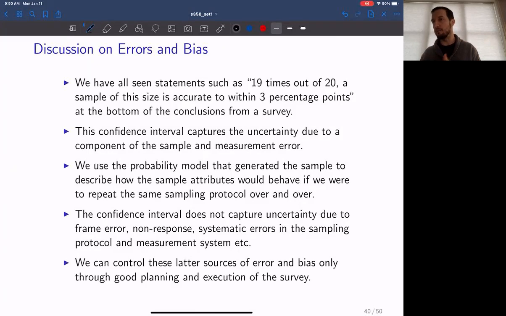Error can occur at any of these different stages. And then bias, of course, can be a result of these errors or through some misspecification on the part of the researcher. Okay, so I'll stop there for today.